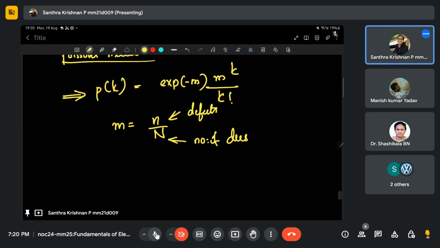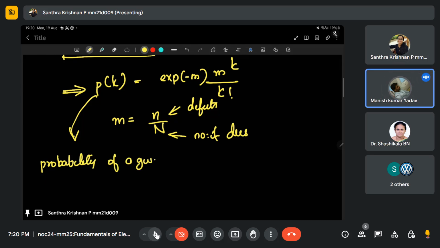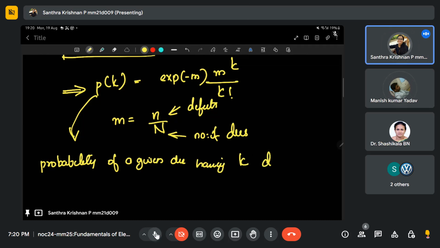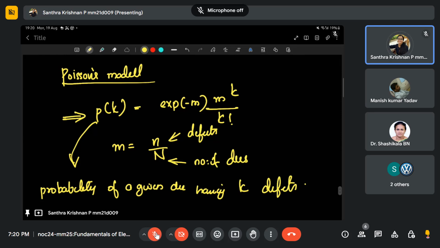Basically, P of K means the probability of a given die having K defects. You should remember this. Suppose there is a problem, you will be asked to find the probability of a given die having so and so number of defects, and they will mention what type of model has to be used.